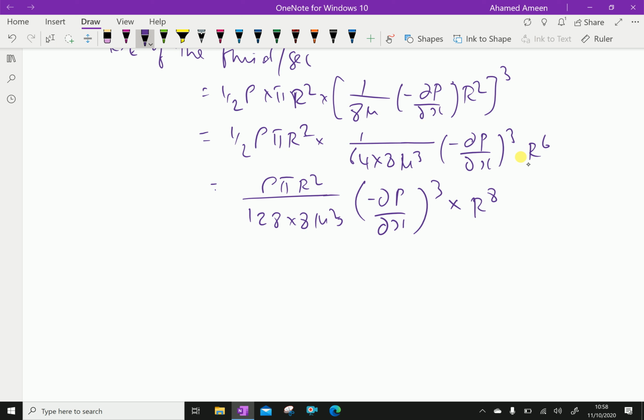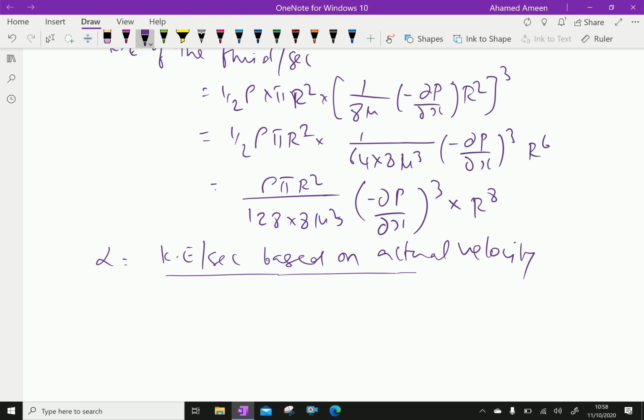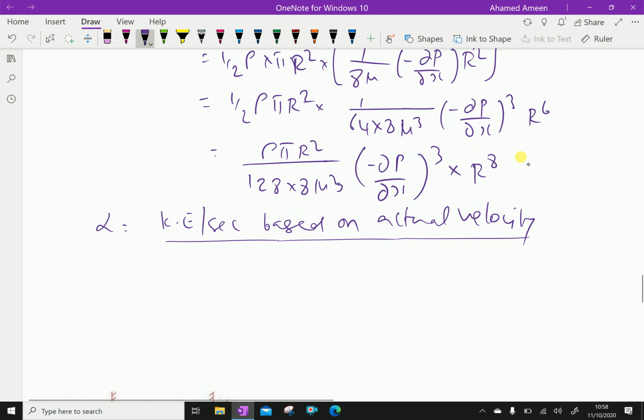Therefore, the correction factor alpha equals the kinetic energy per second based on the actual velocity of the fluid over the kinetic energy per second based on average velocity.